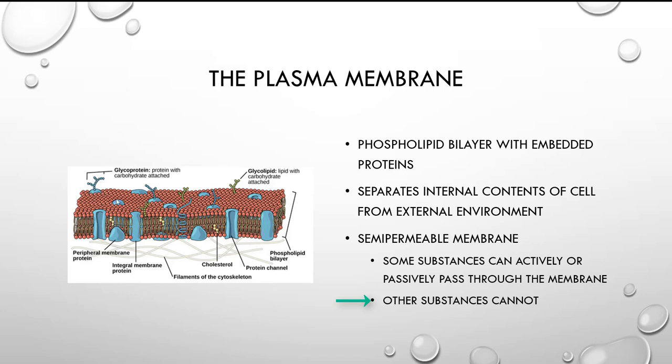They will not pass through easily. Certain things can pass through, maybe through a protein channel, or maybe even squeeze through the phospholipid bilayer, but other substances can't, and so it's semi-permeable. So that is our plasma membrane. You'll also find it called the cell membrane, same thing.